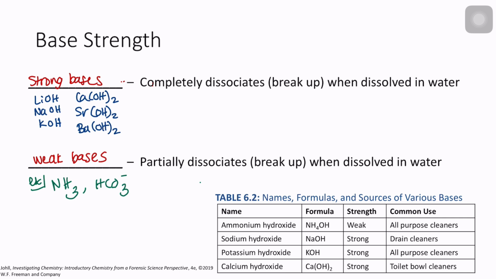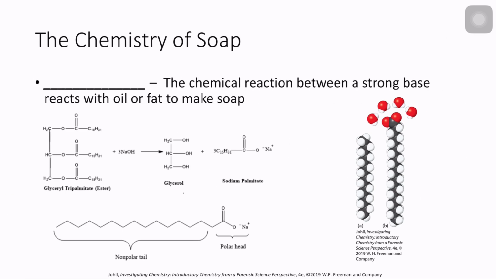So here are some examples of bases and their common uses. Now, soap is a reaction between an acid and a base. And soap is super cool because if you think about it, we learned that like dissolves like.